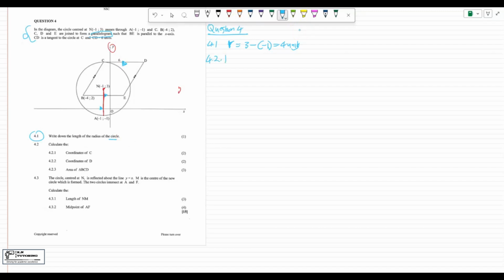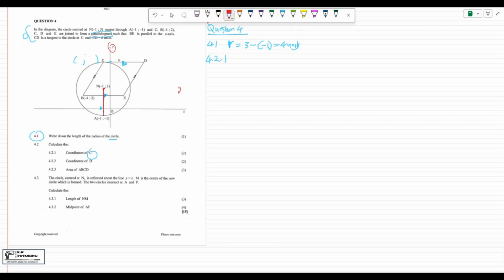4.2.1, calculate the coordinates of C. So C and A, how do we know that C and A are on a straight line? We are not sure. What we know from this is the y value where it cuts the y-axis. Okay, let me understand what this 6 means. 6 is 6 units, it's not the length. How do we get to C?